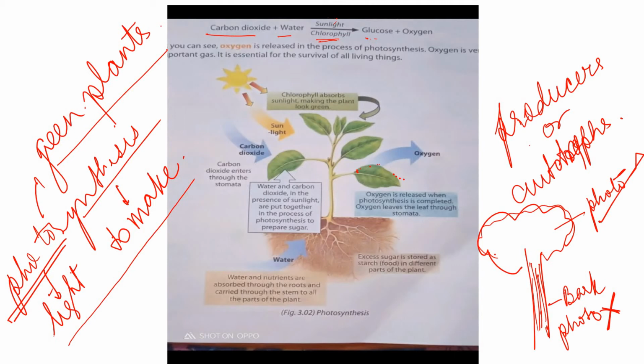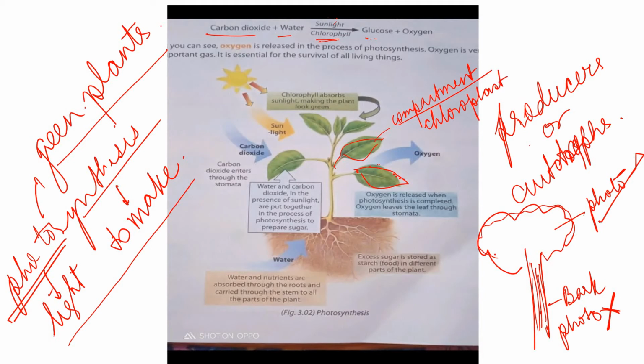called chlorophyll. So all these leaves that you can see, or the green parts of the plant that you can see, there is a particular compartment, or organelle compartment, if I have to say it in very simple words, compartment, which is called what? Chloroplast.